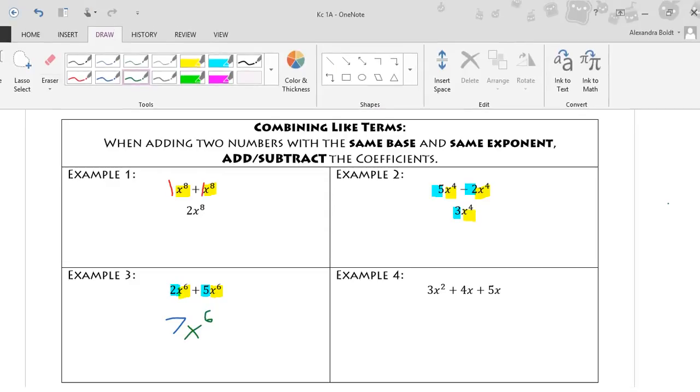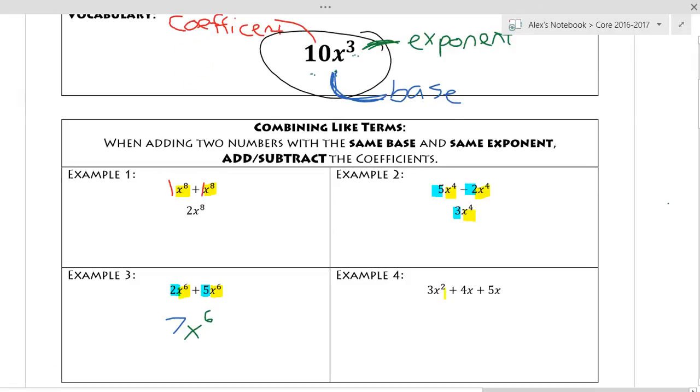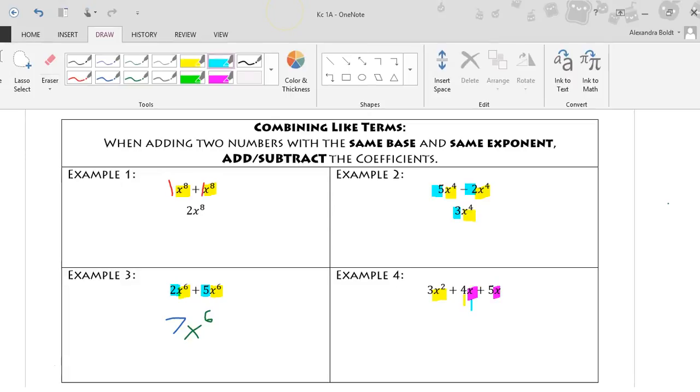Be careful with example 4. If you look here, I do have an x squared. I don't have any other x squared. These are just x's. So that's like apples and oranges. I have 3 apples, 4 oranges, and 5 oranges. So what do I have in total?